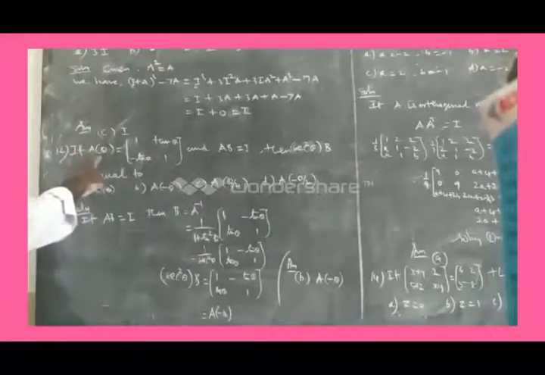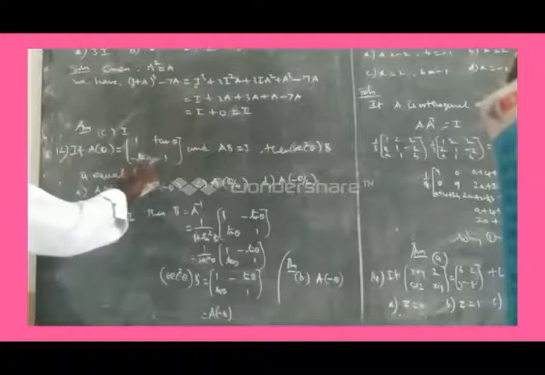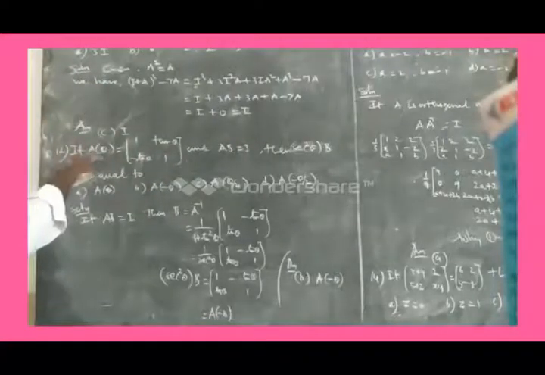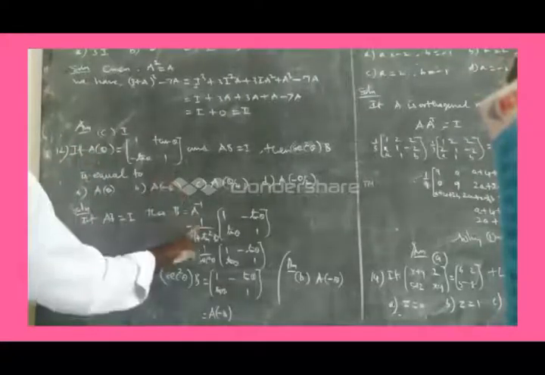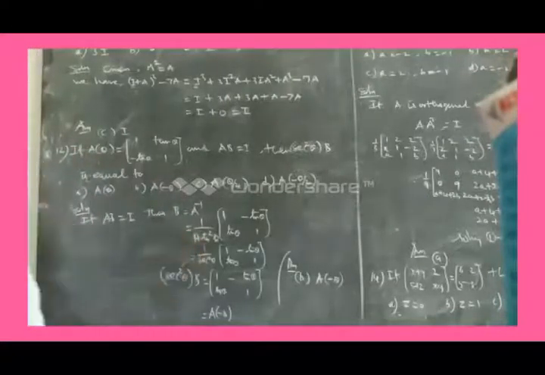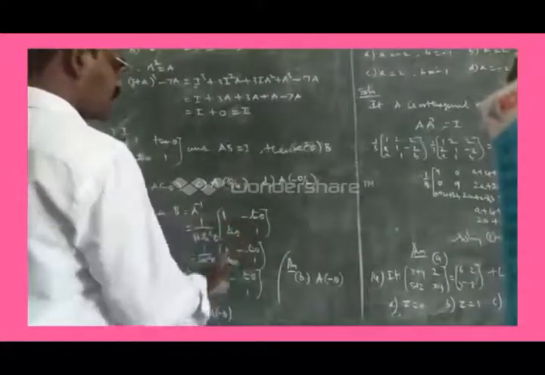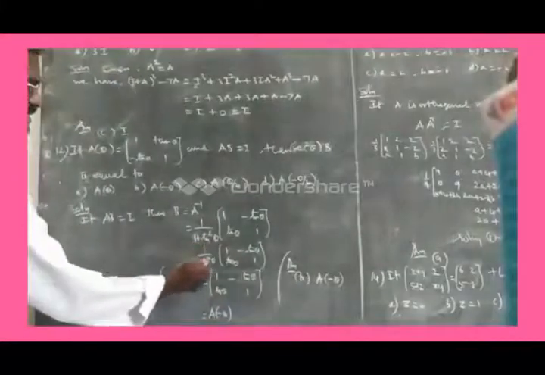So A of theta is 1 tan theta, minus tan theta 1. To find A inverse of A of theta, we get 1 by (1 plus tan square theta) into 1 minus tan theta, tan theta 1. So 1 plus tan square theta is secant square theta.